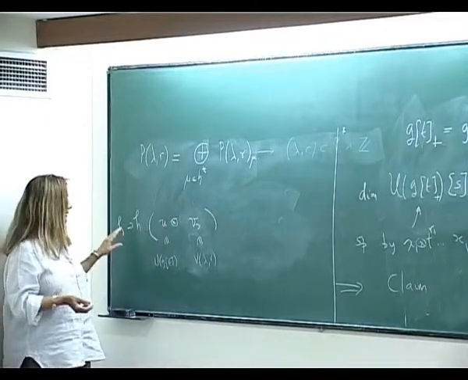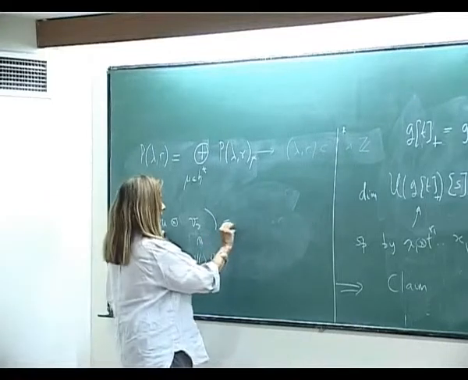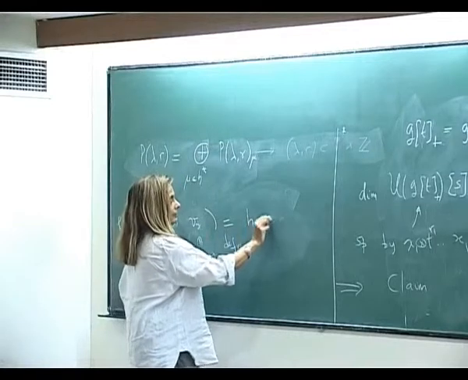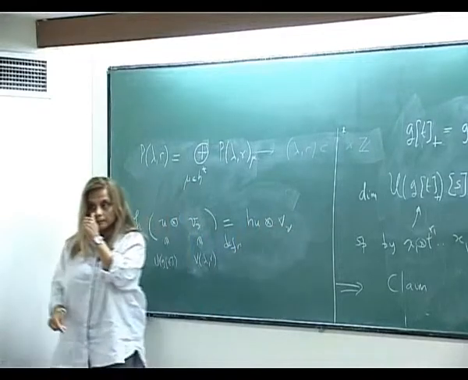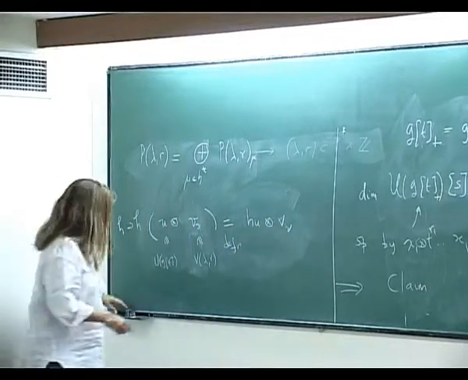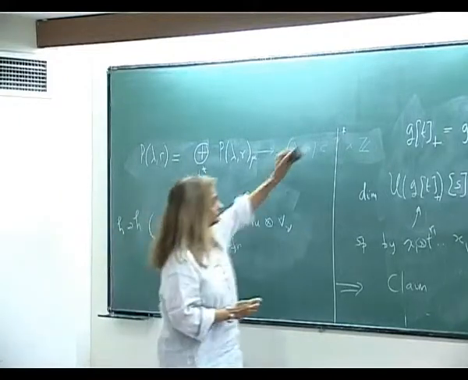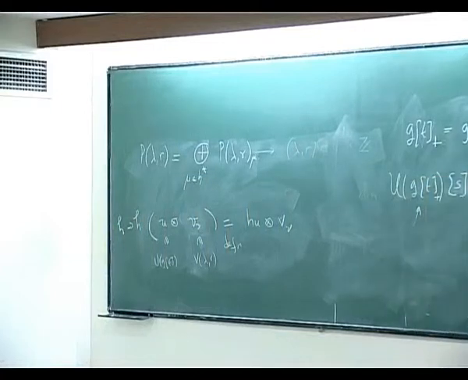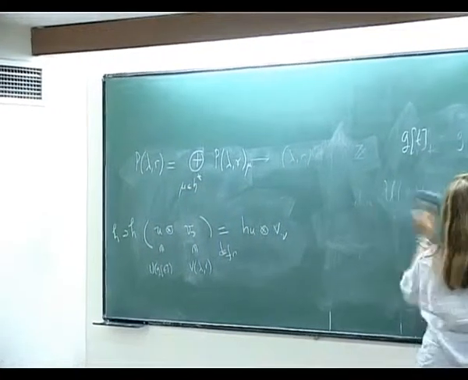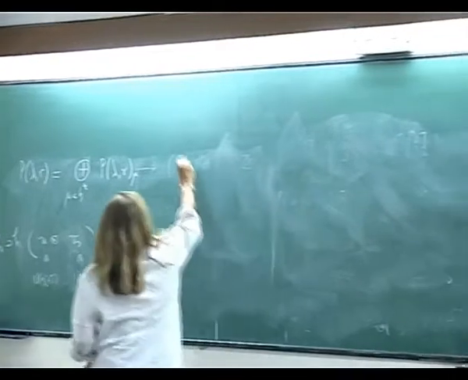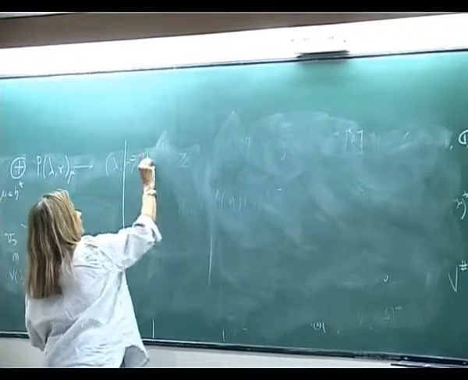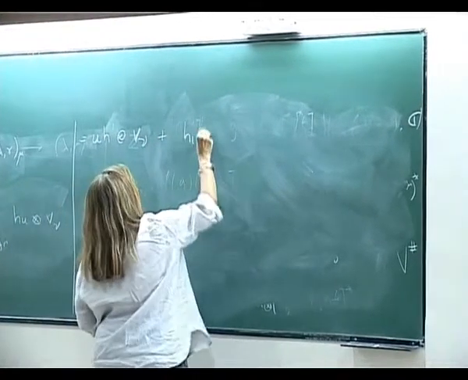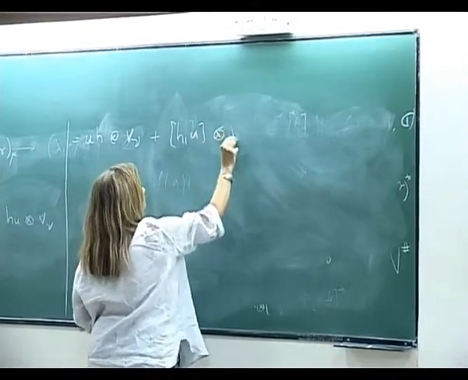Okay? So how does H act on this? By definition, it acts as HU tensor V nu, which is the same as UH tensor V nu plus H bracket U tensor V nu.